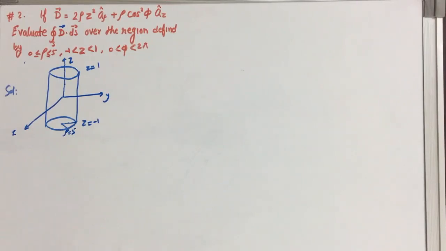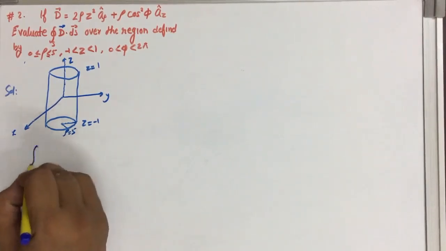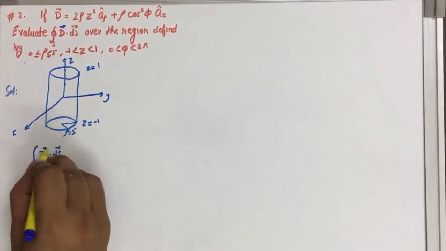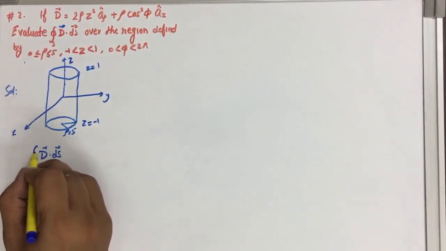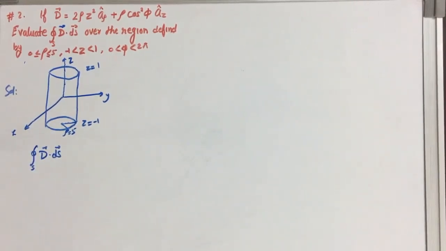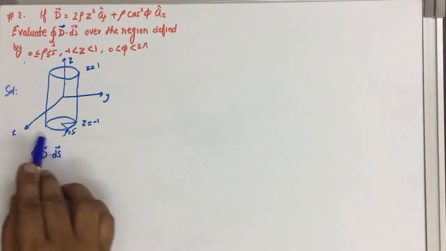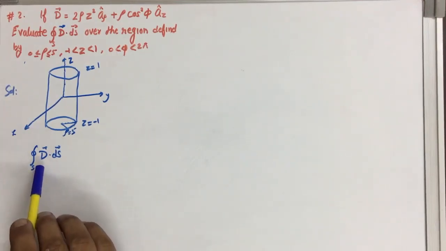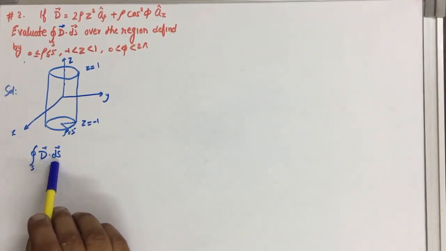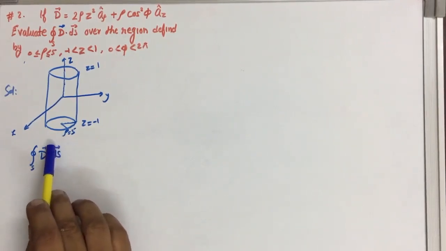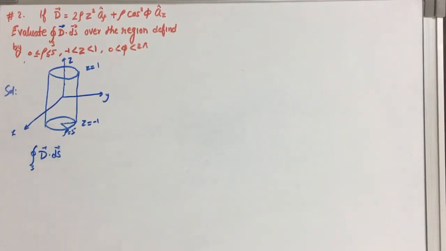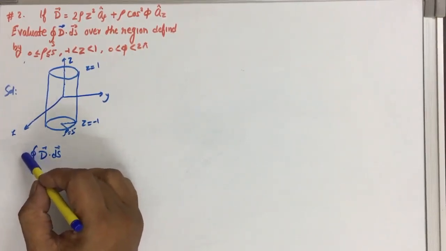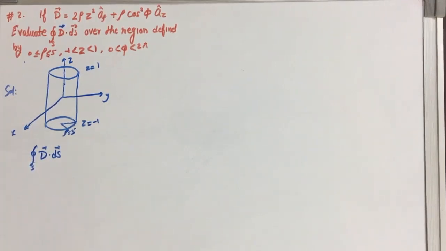Now this is the problem. We have to find D dot ds for the closed surface. So from this statement, the first thing that strikes our mind is that this is known, and the differential surface we have to find, and that is for the full cylindrical body.